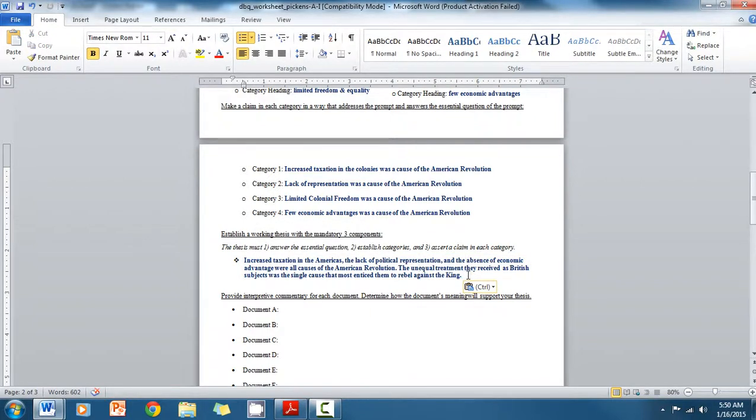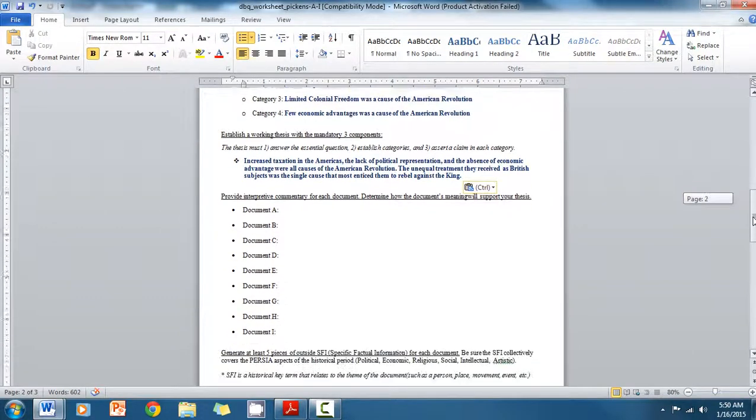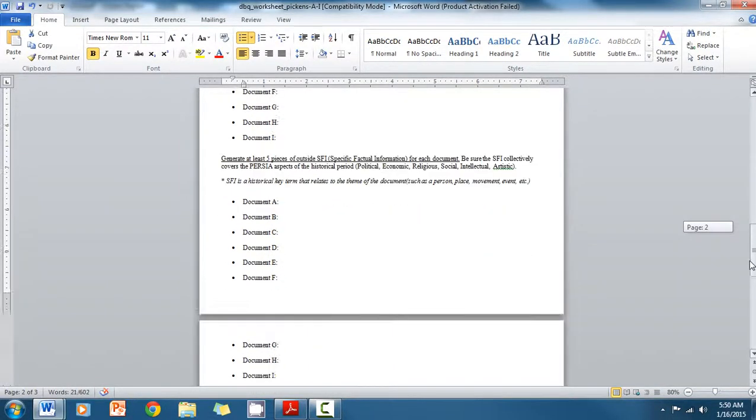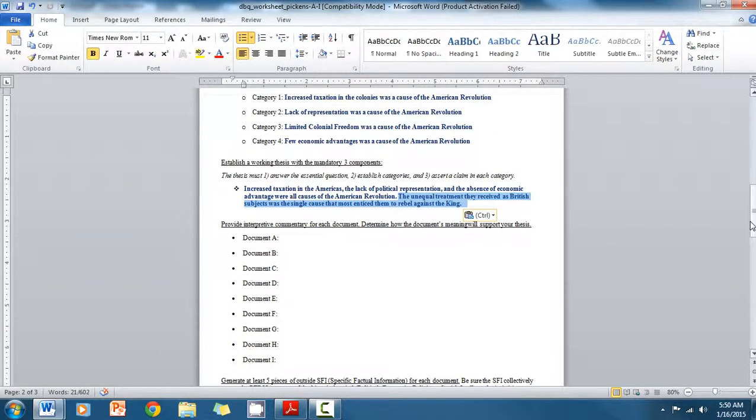And so when you write the actual essay, then you go into the details and you reference specific events and people. We call that SFI. You generate specific factual information when you are providing support or defending your thesis. But when you're crafting the thesis, there is no need to reference specific events.